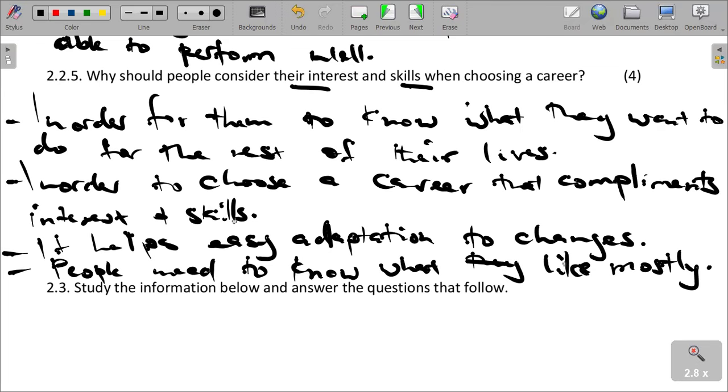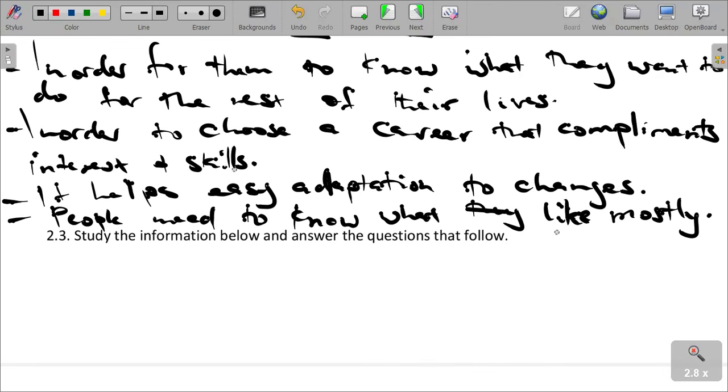If you know what you like mostly, you are also able to pursue it to the end and even advance as much as possible. So we need to study the information and answer the questions that are next.